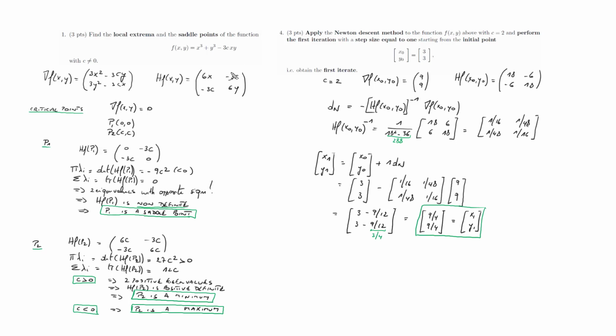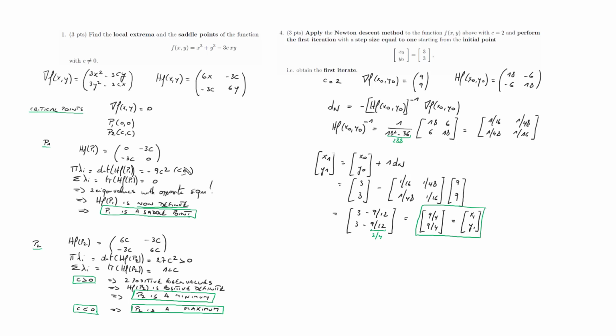If we plug this in the Hessian, this is what we obtain. And as usual, if you work with 2 by 2 matrices, the easiest thing to do is to look at the determinant, because this is the product of the eigenvalues, and the trace, because this is the sum of the eigenvalues. So we see here that we have a product that is negative, c square is positive, and we have a minus sign in the determinant.